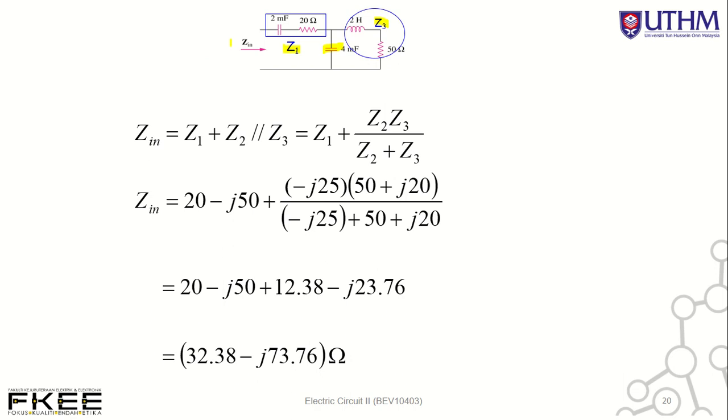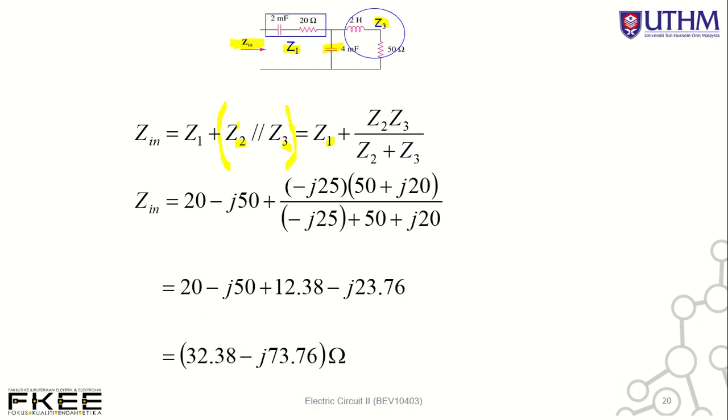So the total equivalent impedance equals Z1 plus Z2 in parallel with Z3. Is it clear? You solve Z2 in parallel with Z3 first, and then you add Z1.